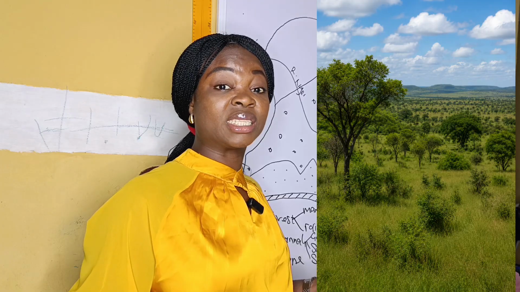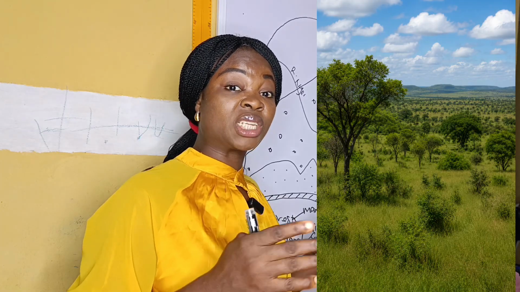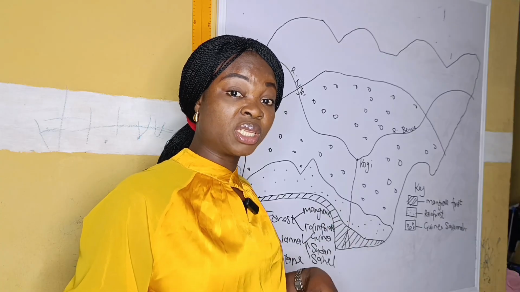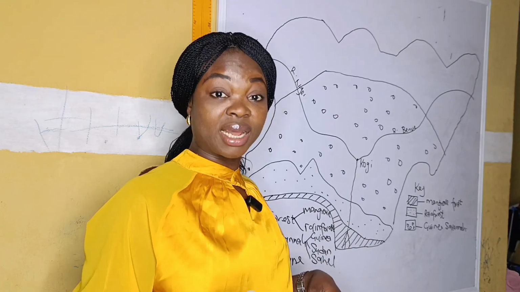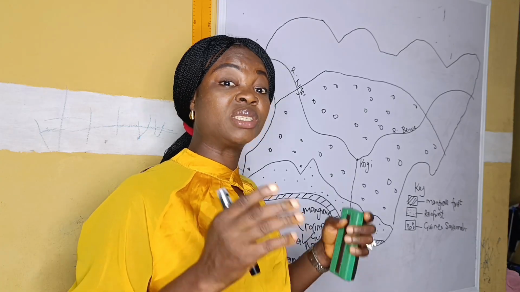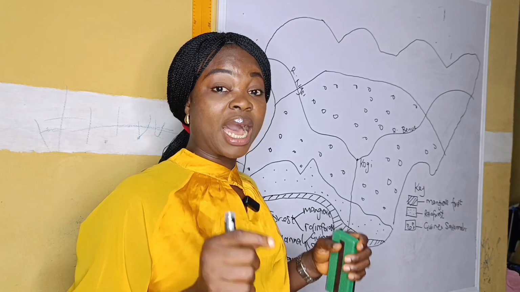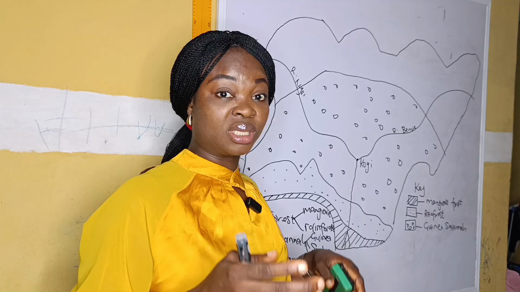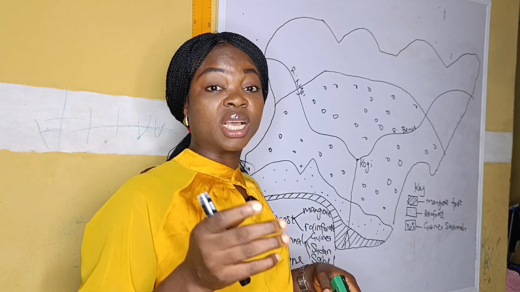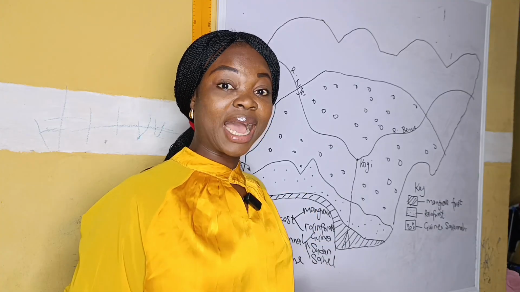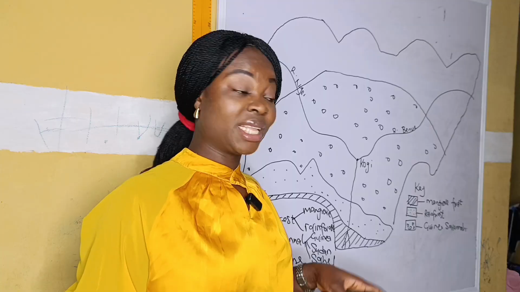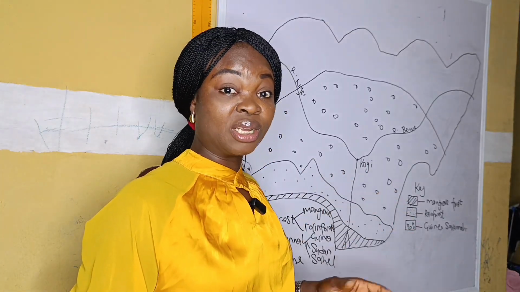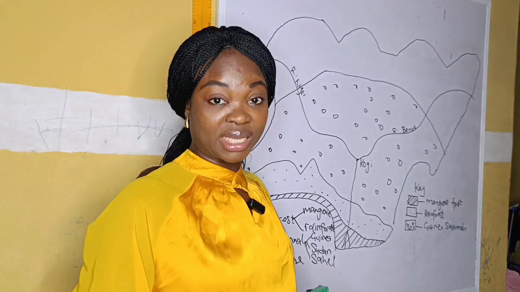What it means is that these trees shed their leaves during the dry season and regrow them during the rainy season. Grasses during the dry season are brown in color and green again during the rainy season. Those are some of the characteristics of Guinea Savannah. I didn't talk about the importance of Guinea Savannah because I'll be talking about the importance of all the Savannah together. Sudan Savannah.